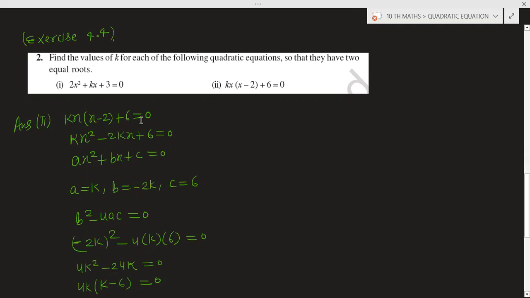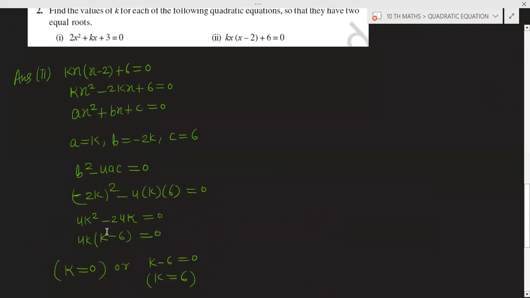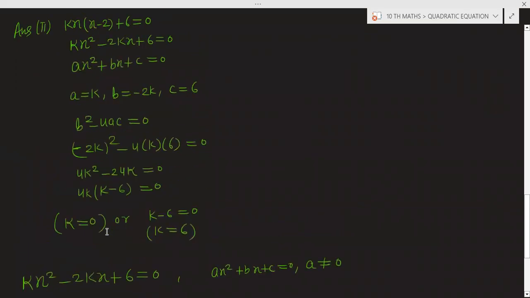Azaan, can you tell me why in this question I have rejected k is equal to 0? Yes, sir. We have two values of k finally while solving this equation, k is equal to 0 and k is equal to 6.